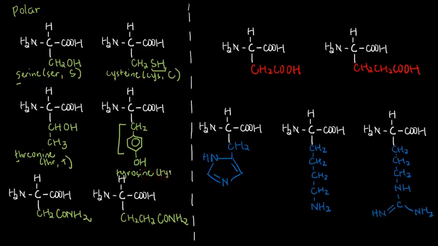3 letters TYR. And of course, since letter T has already been taken by threonine, we will give it the letter Y, which is probably the most appropriate letter given that Y is the second letter in the name. Now, since we have here a benzene with an OH, we should not ignore that. Remember, we call this a phenol group or a phenolic group.